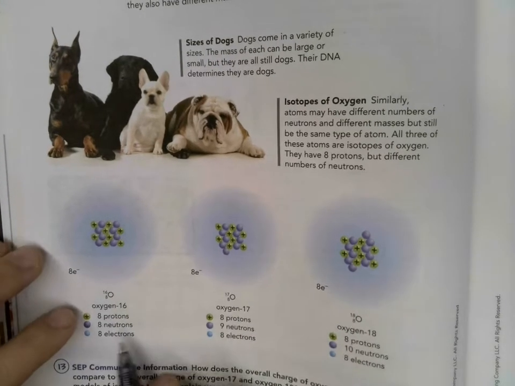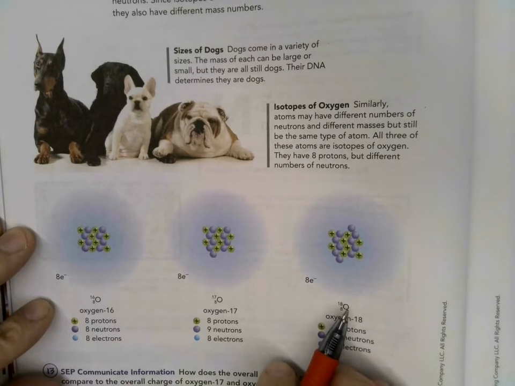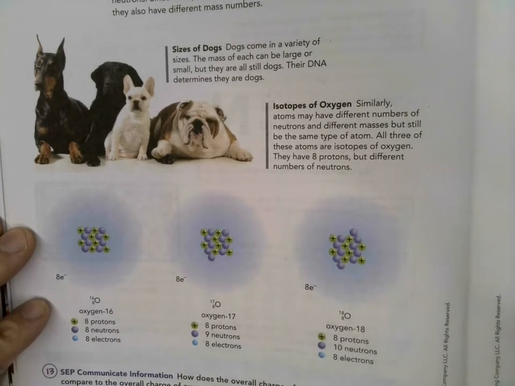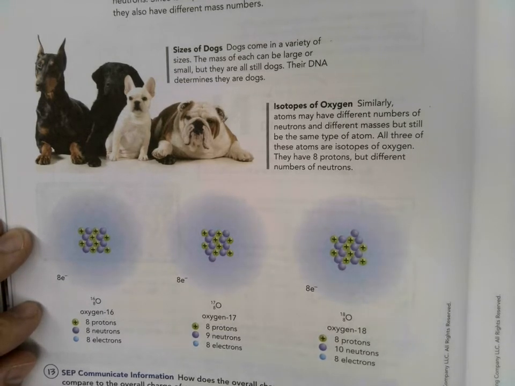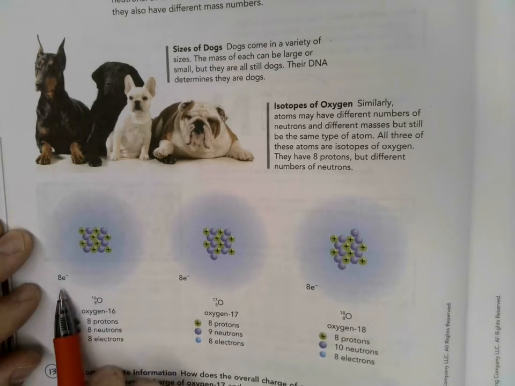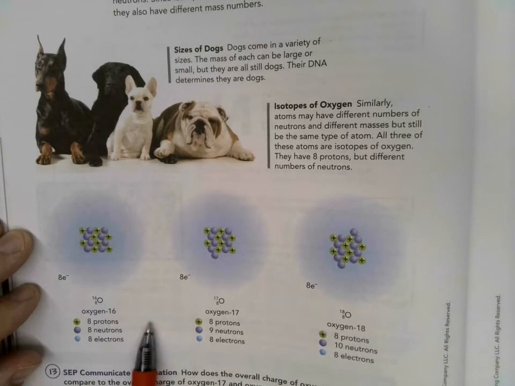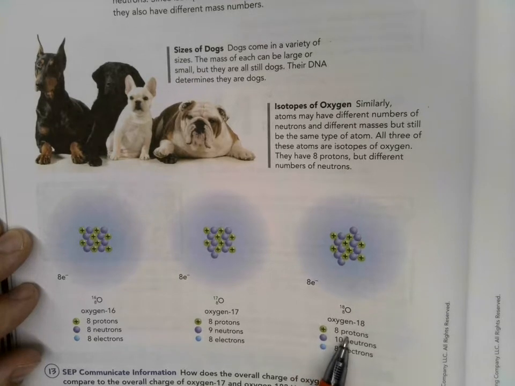So oxygen always has 8 protons, but that does not say anything about having different numbers of neutrons. It's still the same atom, it just has more of those neutral parts to it. And if it's neutrally charged, then you'll have 8 electrons in each of these. So the only thing changing is the number of neutrons as you work your way across, because if you subtract 8 from 18, you get 10.